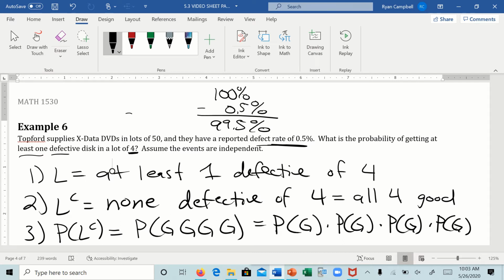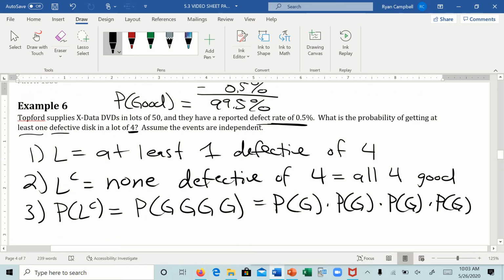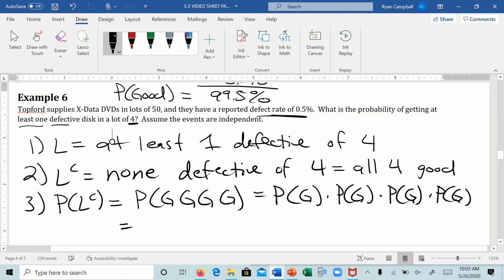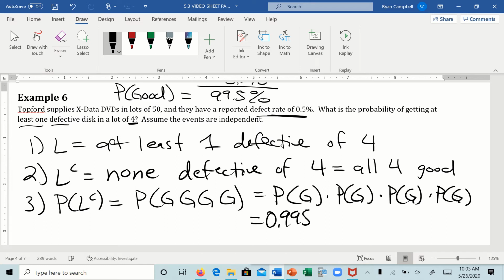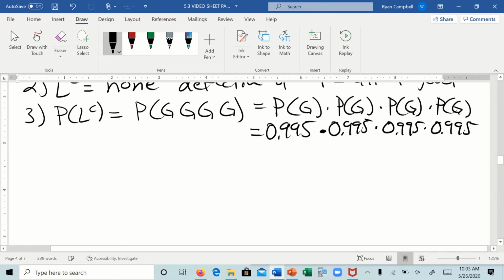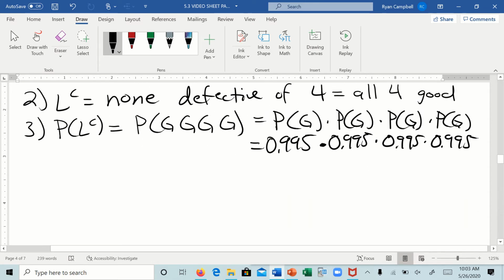So the probability of a good disk is 99.5%. So I guess we can just write over here 0.995 times, since they're independent, 0.995, 0.995, and 0.995. And we multiply those numbers out.